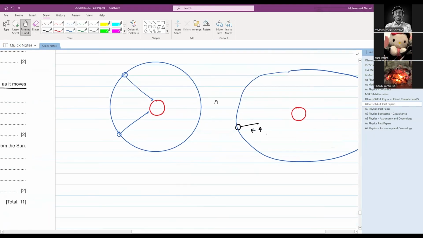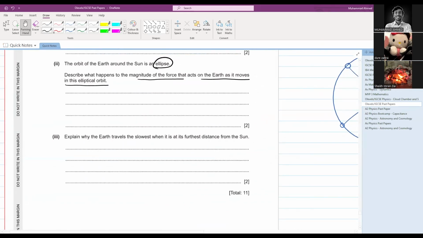You can write this: in a circular orbit, the magnitude of force remains the same.